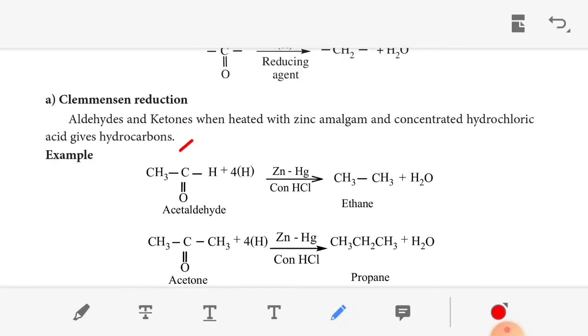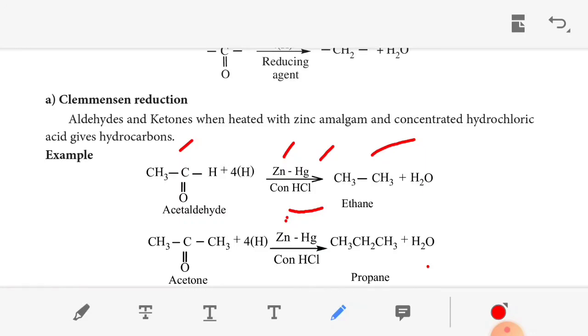Acetaldehyde plus hydrogen, when heated with zinc amalgam, ZnHg, and concentrated hydrochloric acid, gives a hydrocarbon. CH3CHO plus hydrogen gives CH3CH3, that is ethane, plus water. Acetone by the same reduction method, acetone plus hydrogen, heated with zinc amalgam and concentrated hydrochloric acid, gives propane, also a hydrocarbon.